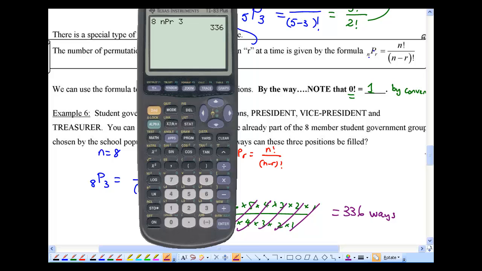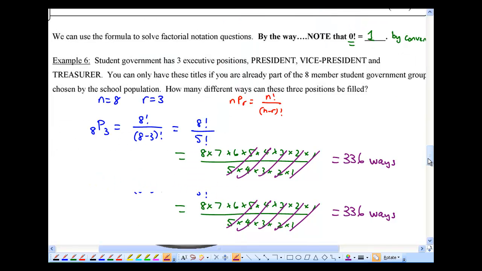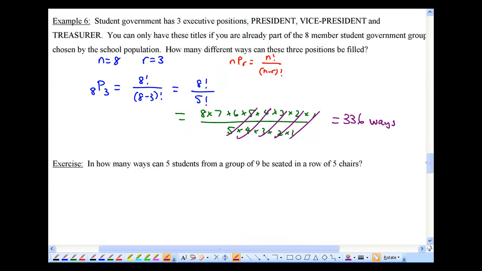Okay. As a quick exercise, you can try the next one here. How many ways can 5 students from a group of 9 be seated in a row of 5 different chairs? So I'm going to ask you to stop the video right now and try it. Shouldn't take you too long. Come back and double check your answer with me.